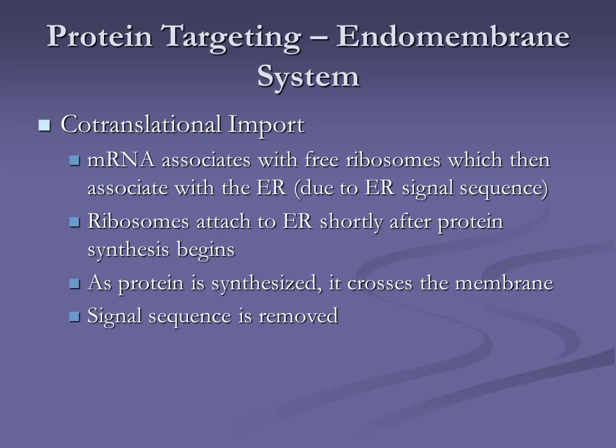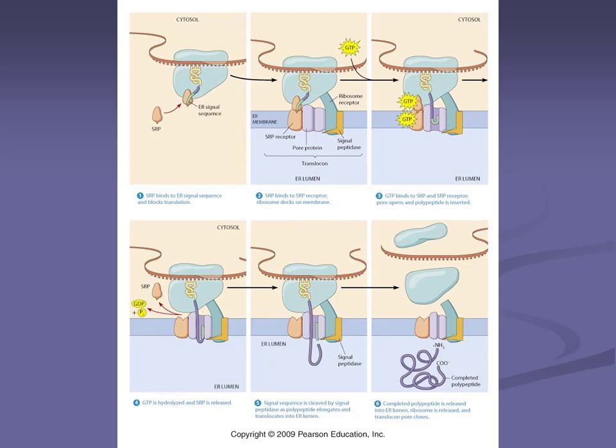So here is an example of how this might work. Here we are out in the cytoplasm. We have initiated translation. We've assembled our ribosomal subunits. There's our single transfer RNA in a growing polypeptide chain.